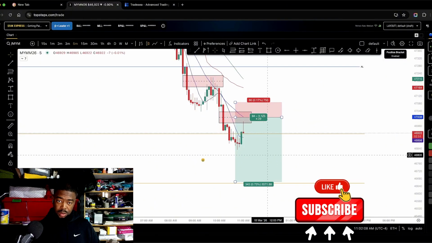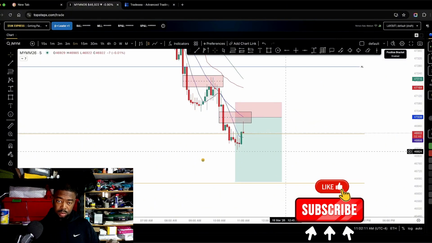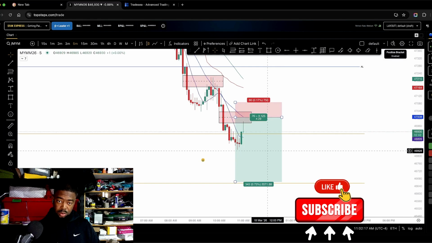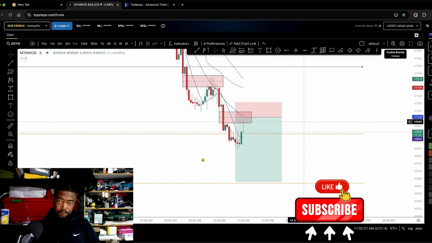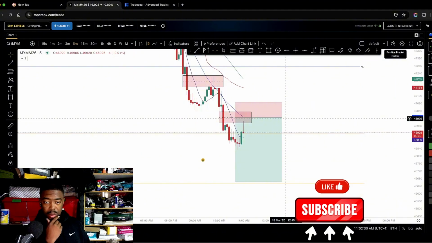That right there is an 80-point rejection. Well, actually not 80 points. 80 points from here. So that was about 70 or 60 or something like that. But there's 2 minutes left on the candle. I want to see another weak green candle.